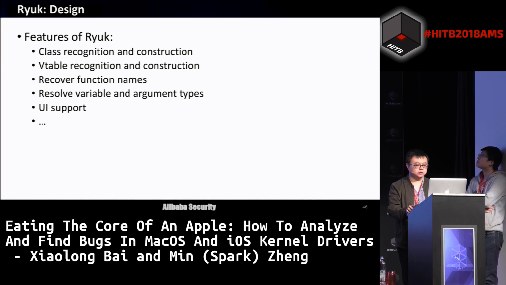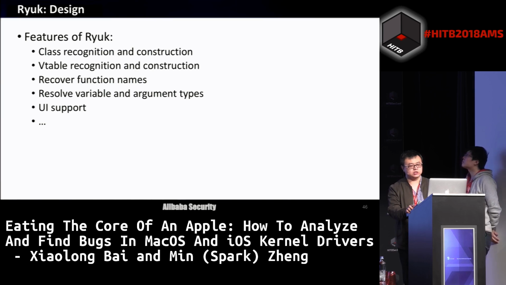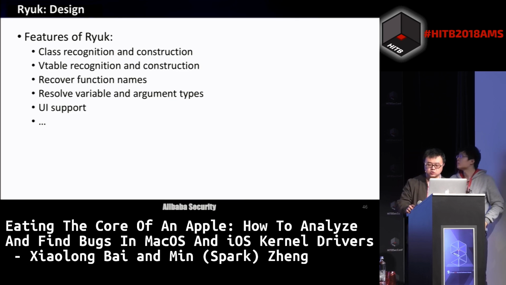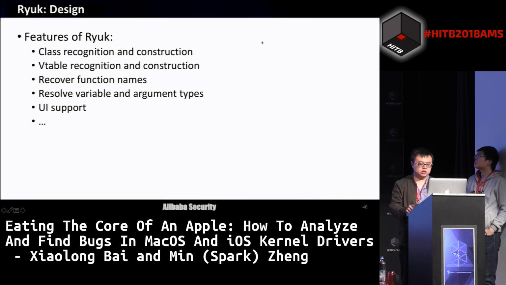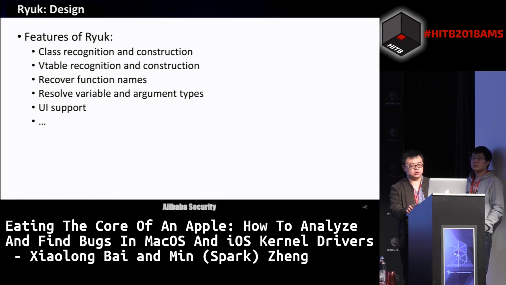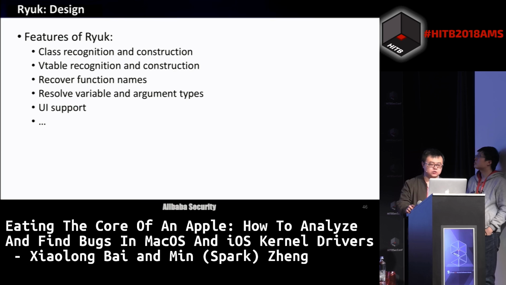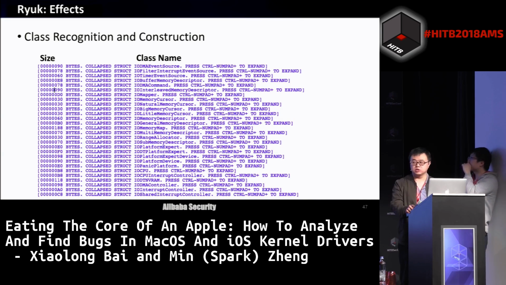And the second is vtable recognition and construction. This feature recognizes vtables and constructs structures to represent these vtables. And the third one is recovering function names. This is mostly done in iOS kernel drivers. And the fourth one is resolving variable and argument types. And the last one, but not the least one, is the UI support. Let's briefly see what effects these features have.